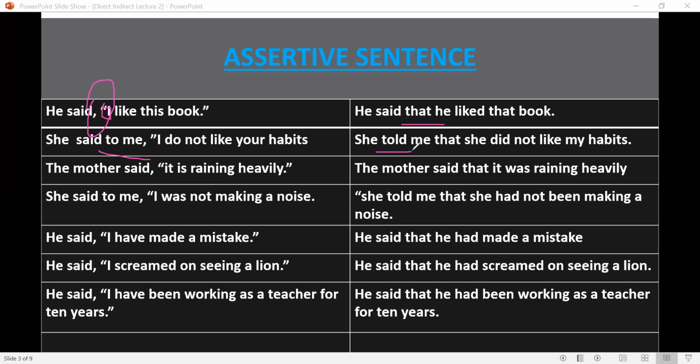Present indefinite into past indefinite, present continuous into past continuous, present perfect into past perfect, present perfect continuous into past perfect continuous, past indefinite into past perfect, past continuous into past perfect continuous. Similarly, can into could, may into might, as I have explained in my past lecture. So I have recapped that.